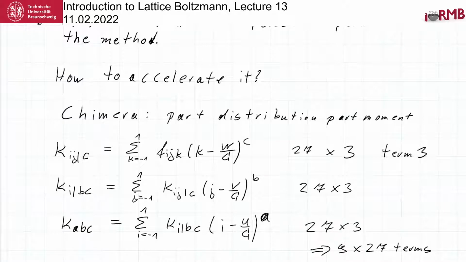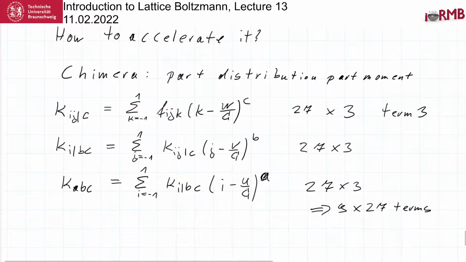If you compute cumulants in the naive way, it is extremely more expensive, and in addition to this, it also has more round-off errors. Now, why is it so much more expensive?